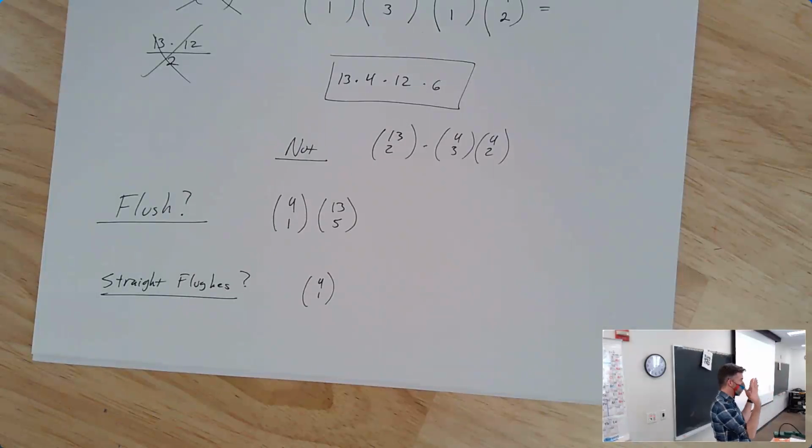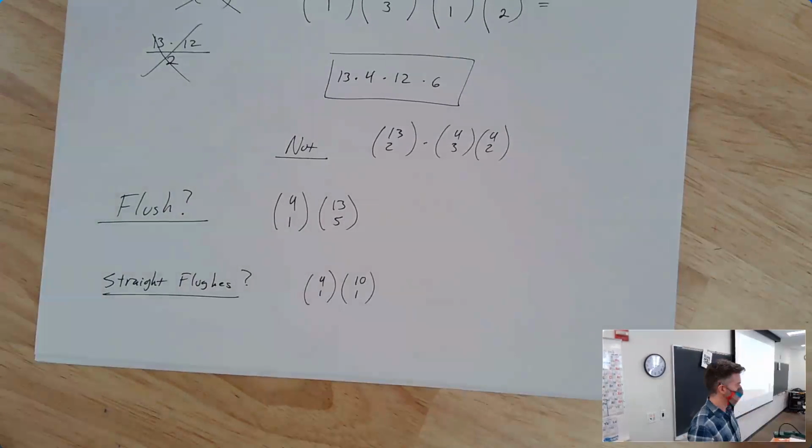It's 10, because you can have 10, jack, queen, king, ace. And ace can count high or low. So for each suit, there are ace, 2, 3, 4, 5, 6, 7, 8, 9, 10 different straight flushes. Ace, 2, 3, 4, 5, 2, 3, 4, 5, 6, 3, 4, 5, 6, 7. You get the idea, all the way up to 9, 10, jack, queen, king, and then 10, jack, queen, king, ace.